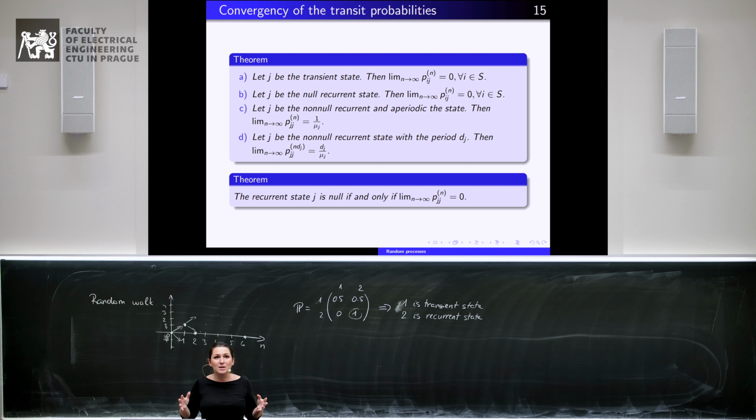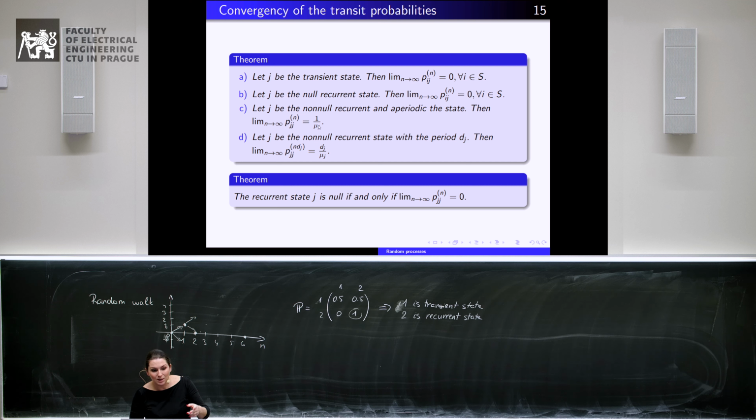And it is the same situation here. When the mean time, the average time of returning to the state, is mu j, then of course the probability that we are in this state j in an infinite number of steps is equal to 1 over mu j.